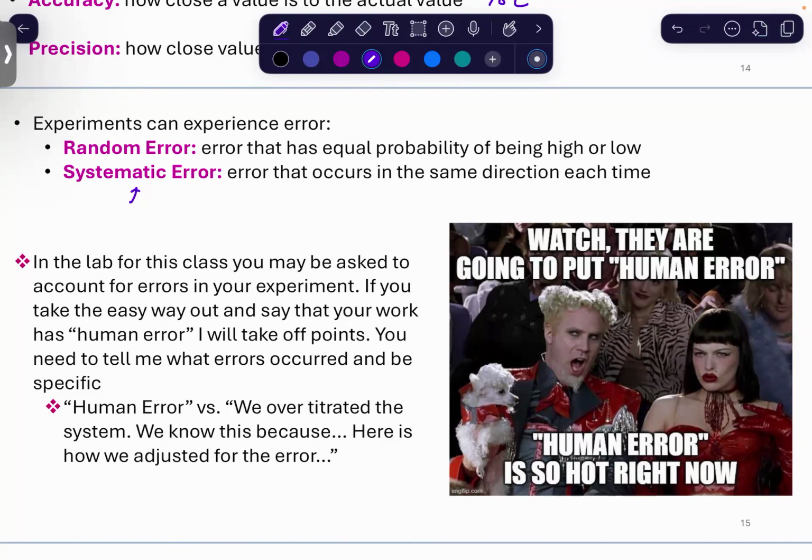The only time you can use human error is if you can tell me what that error was, what you did wrong, and that you can document it with data. Otherwise, you need to take a shot at actually telling me what occurred and why your measurement was off. Because if I don't see that attempt and I just see human error, your grade's going to drop. So just make sure you're not doing that.